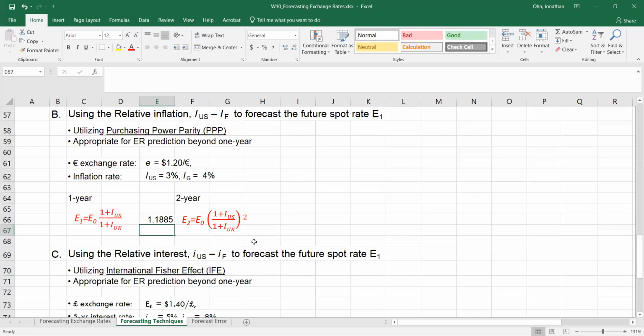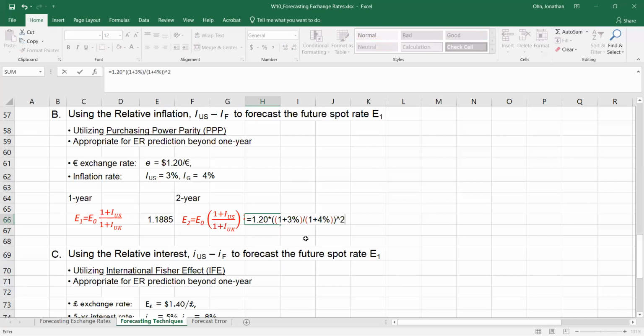All right. Now that was 1 year, but what about 2 years? If you do 2 years, you simply square it. So 1 plus 3% divided by 1 plus 4%, and square it.